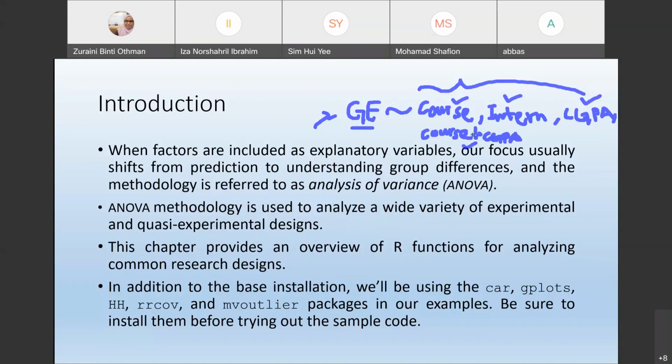Then we analyze whether these factors will significantly contribute to graduate employability or not. That's the analysis that we want to do today. Is it okay?